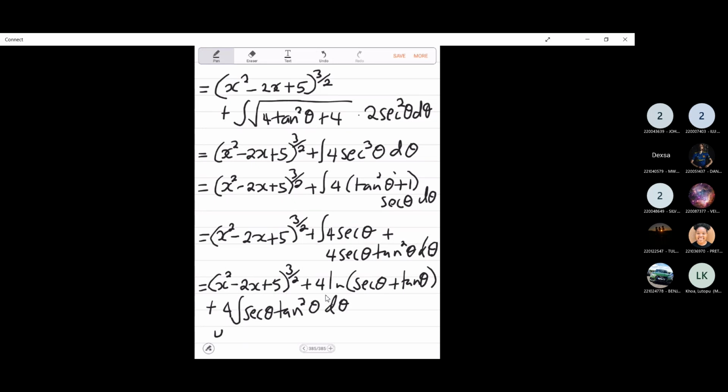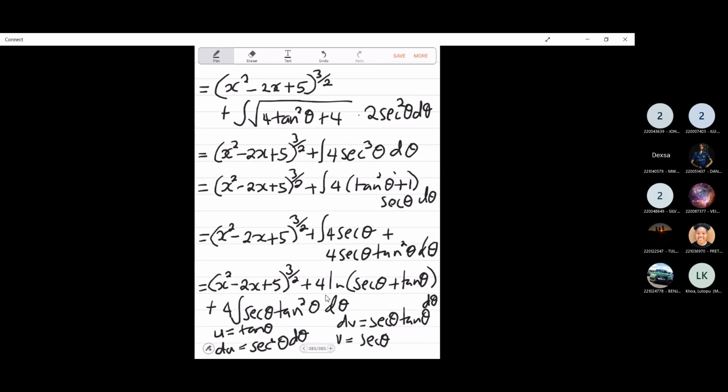So we say u is equal to tan theta, du will be sec squared theta d theta. And then dv is equal to sec theta tan theta d theta, and then v is sec theta.